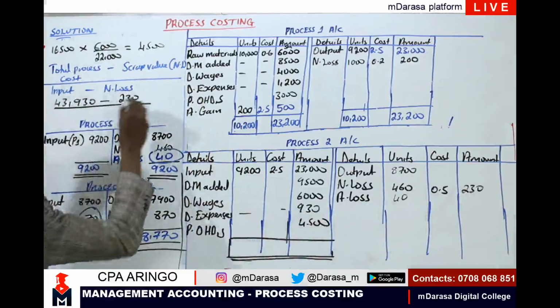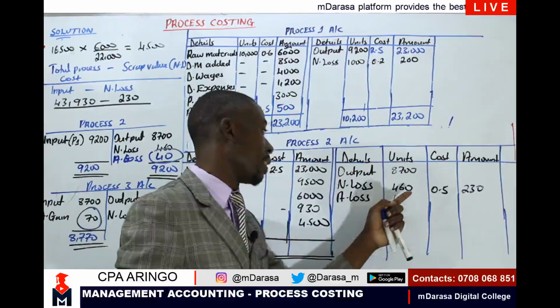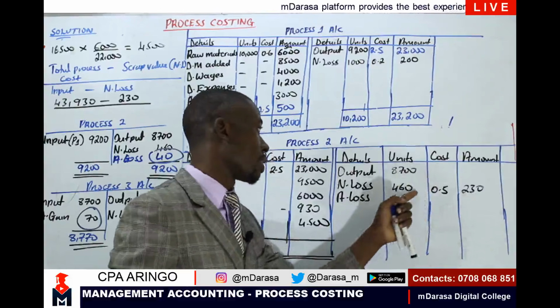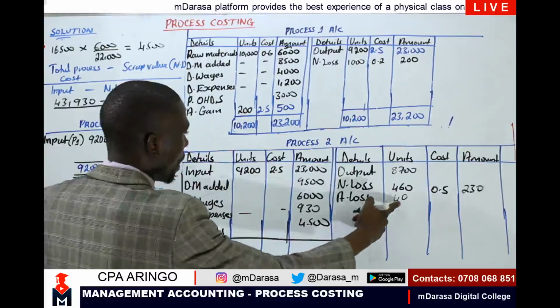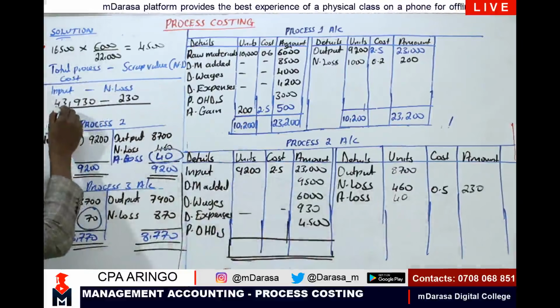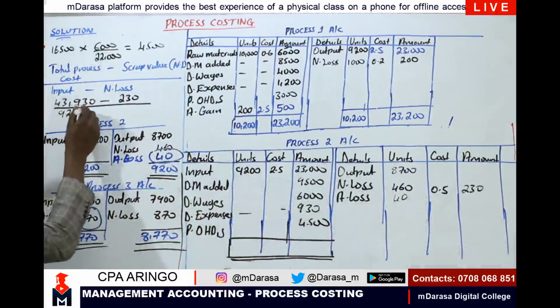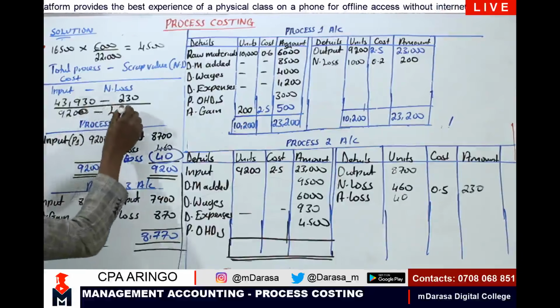We divide by normal loss units 460, whereas our input is 9,200. So input 9,200, we deduct our normal loss of 460.